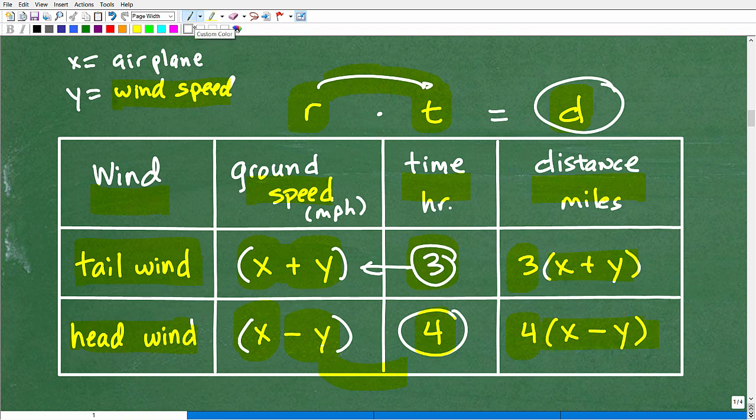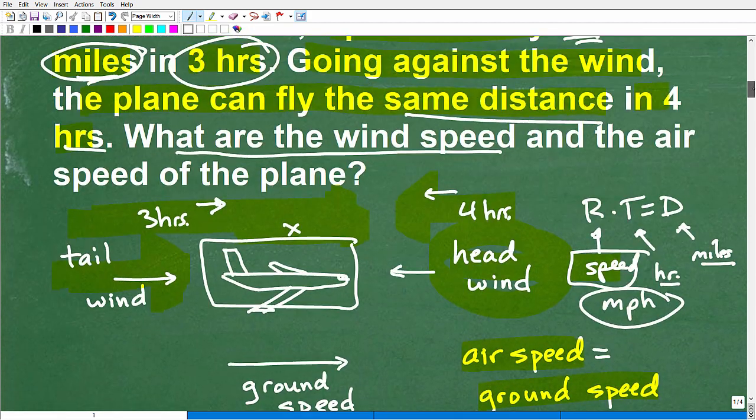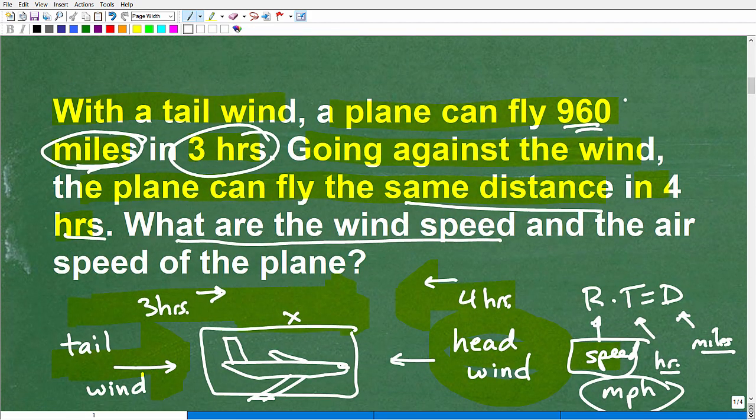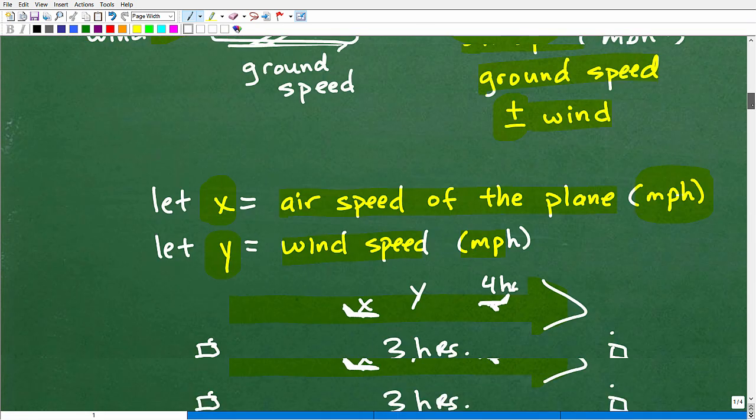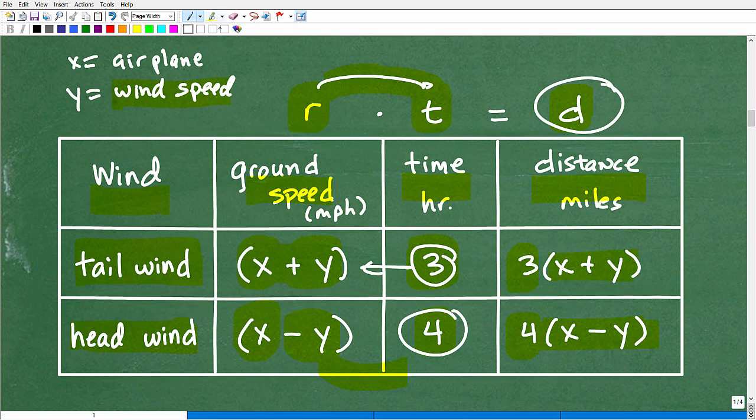Okay, now, let's go back to the problem here. We know that the distance traveled was 960 miles. So this distance with the tailwind and this distance, they're the same.